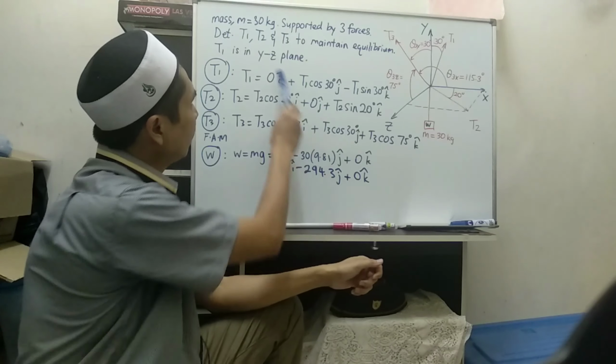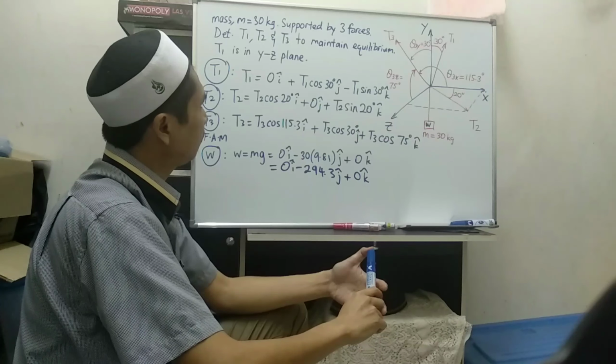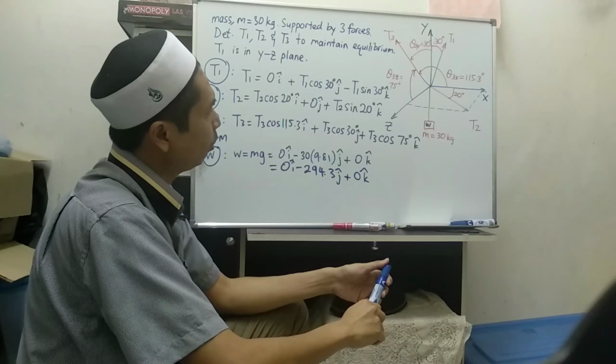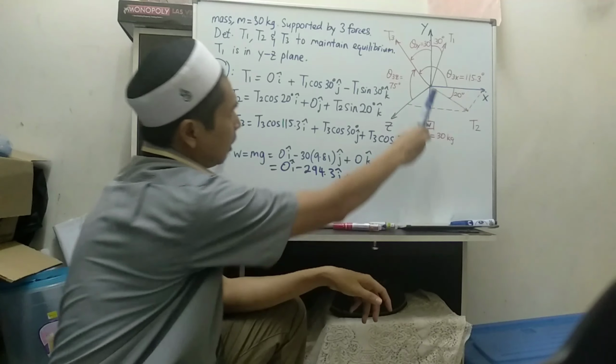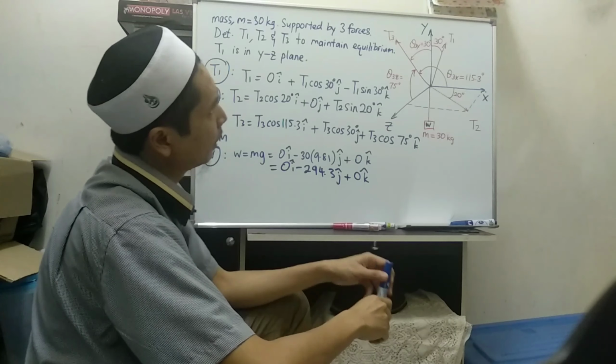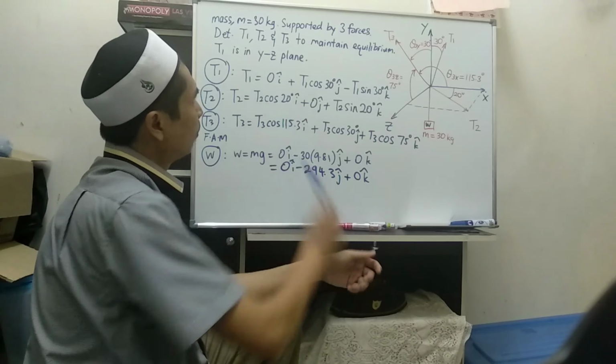As T1 is only in the YZ plane, it will only have Y and Z components. So you have a 0 X component.